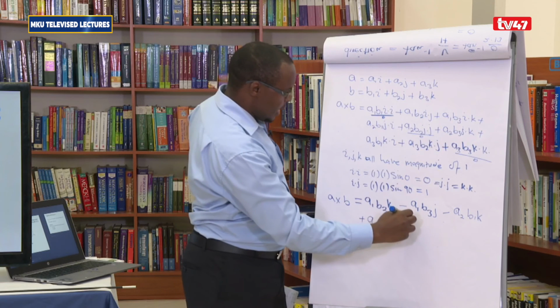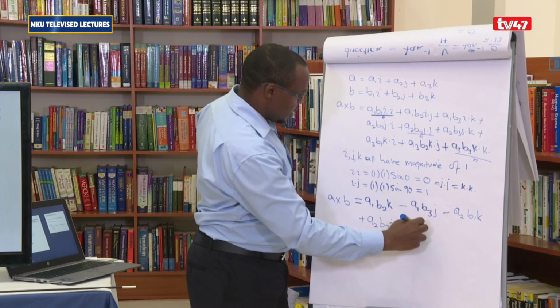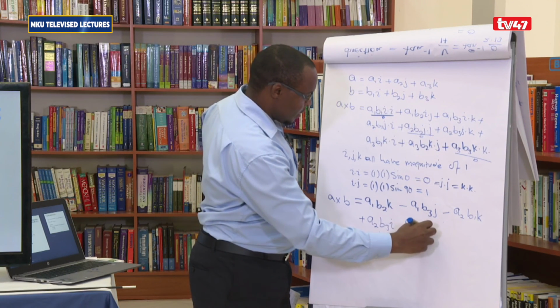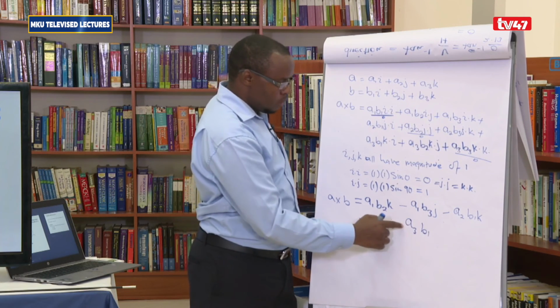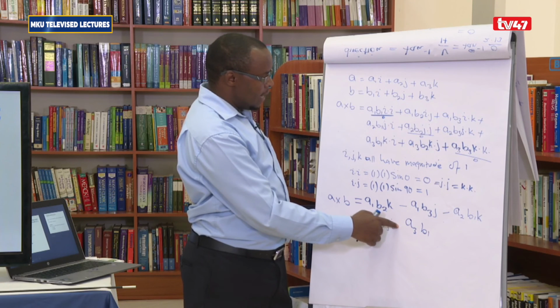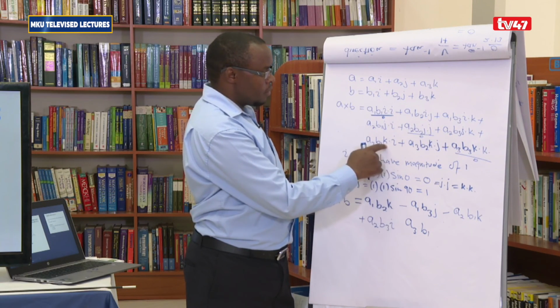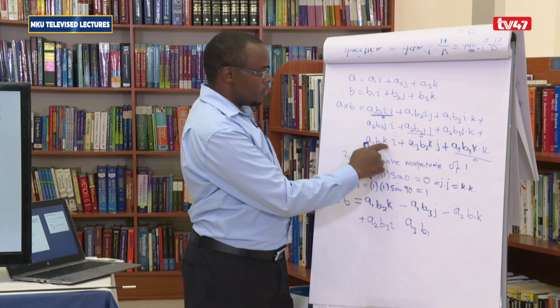And then we come to this one. We have A3 B1. I first of all write without putting the sign here, and then I get the direction from the cross multiplication of the two components.